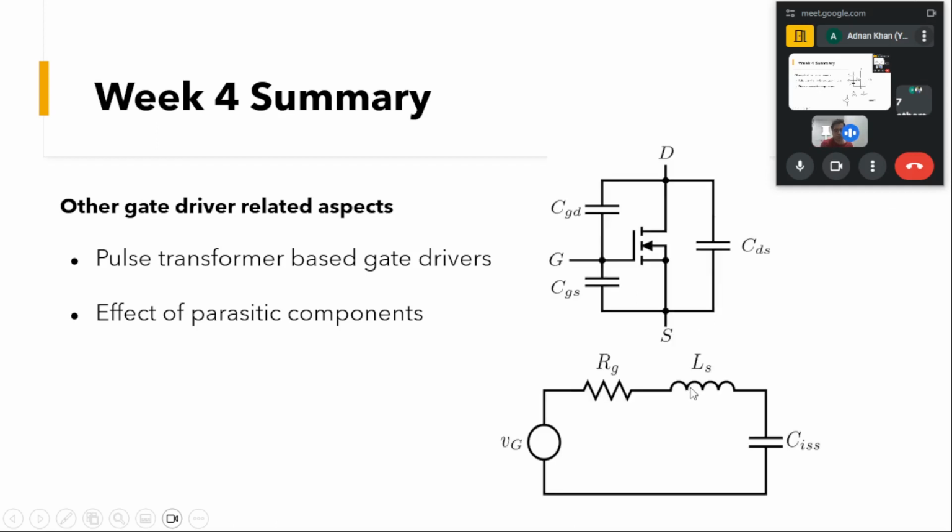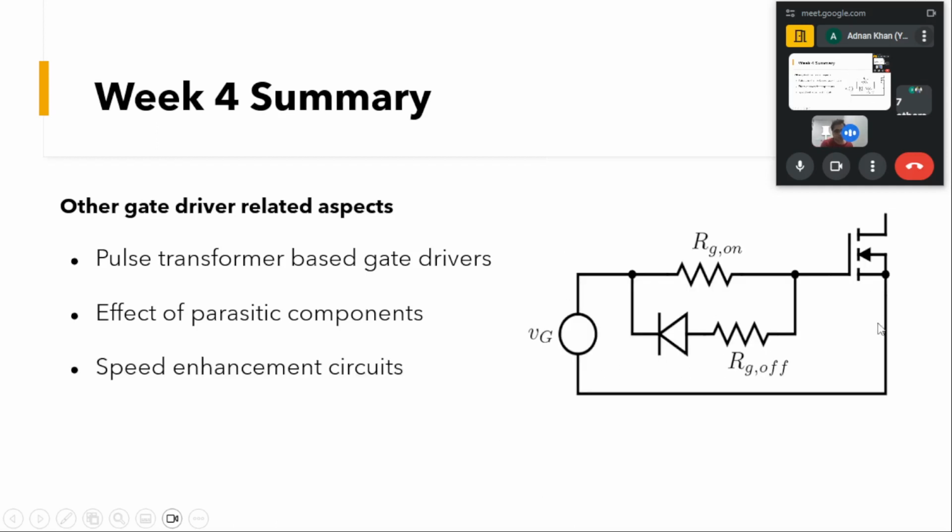And as we had seen, what we have here is the capacitance between this G and S, and there may be some parasitic inductance as well, which is very small, and we can neglect that. What mainly is then formed is an RC circuit, and it may take some time, depending upon this RG and C, a time constant, in order to charge and discharge these capacitors.